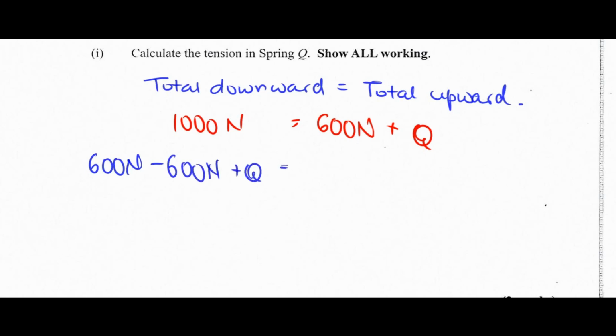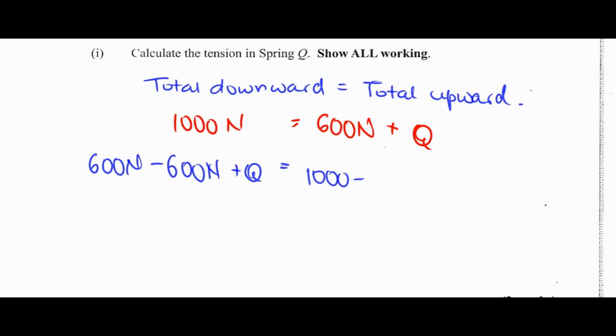And whatever you do on one side to ensure that the equation maintains homogeneity, meaning what the left side of the equal sign is equal to the right side, you have to do the same thing on the other side. So seeing that we just subtracted 600 from this side, we have to subtract 600 from this side as well, right?